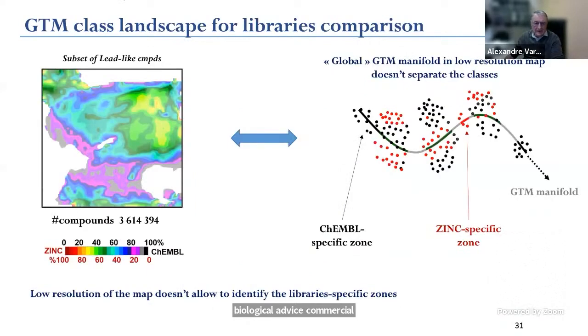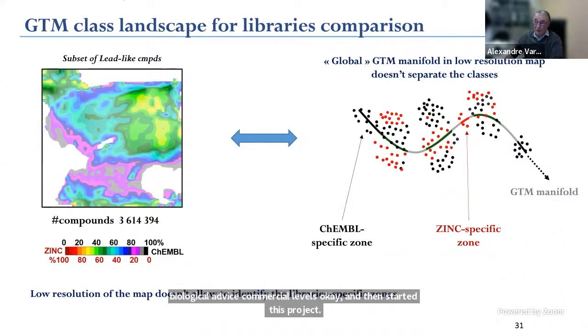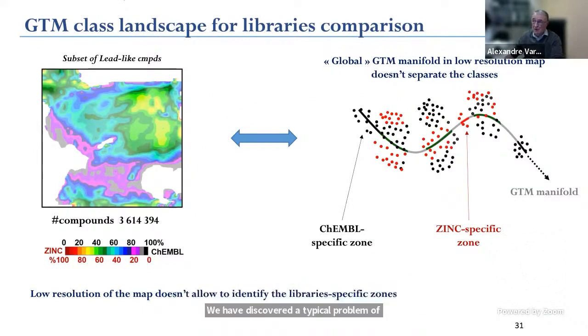Okay, and when we started this project, we discovered a typical problem of cartography of big data. A map resolution may not be sufficient to separate different compound classes. So here on this map, which accommodates more than 3.5 million compounds from ZINC and ChEMBL, areas populated exclusively by ZINC are colored in red, and those exclusively populated by ChEMBL in black.